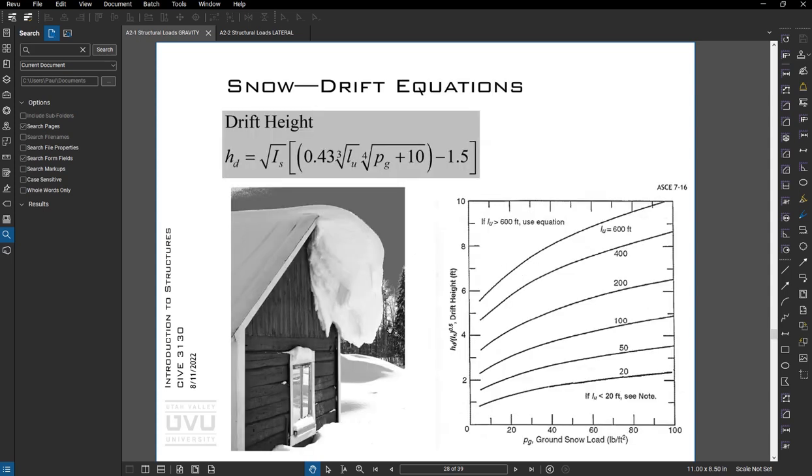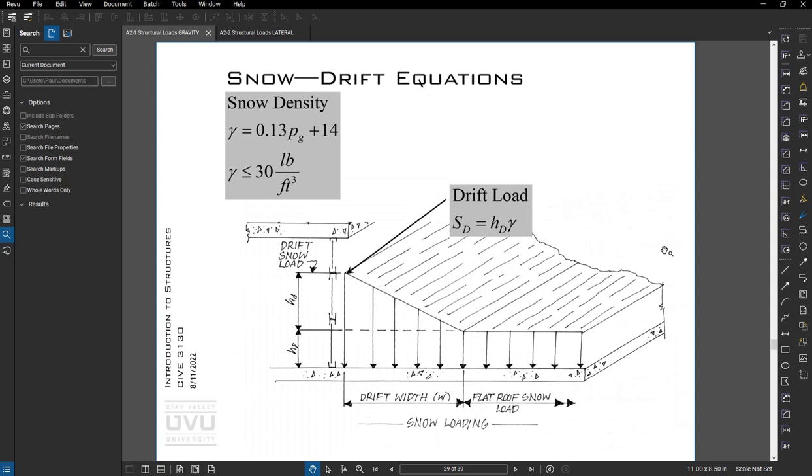All right, drift heights are calculated based on this equation or in this figure, and then you convert that to a load by multiplying by your snow density. So the drift load SD, this extra load magnitude, is your density times your height.